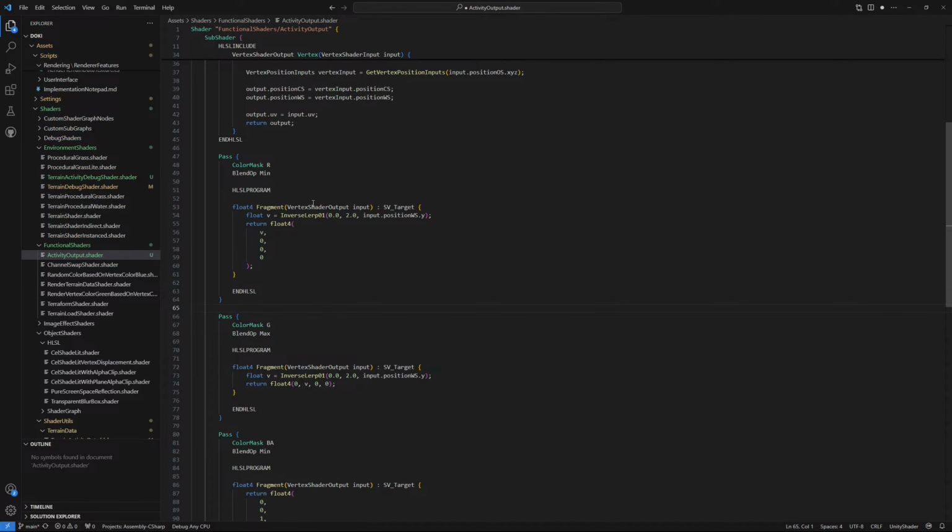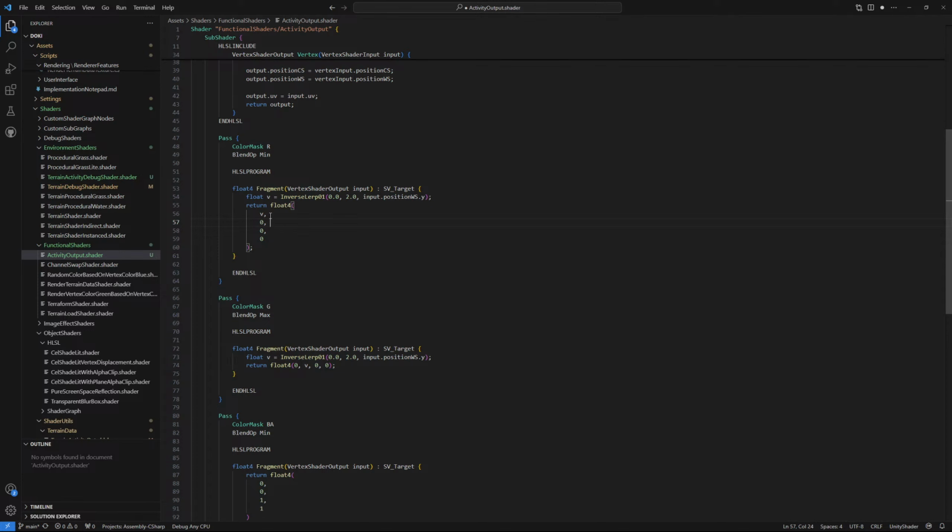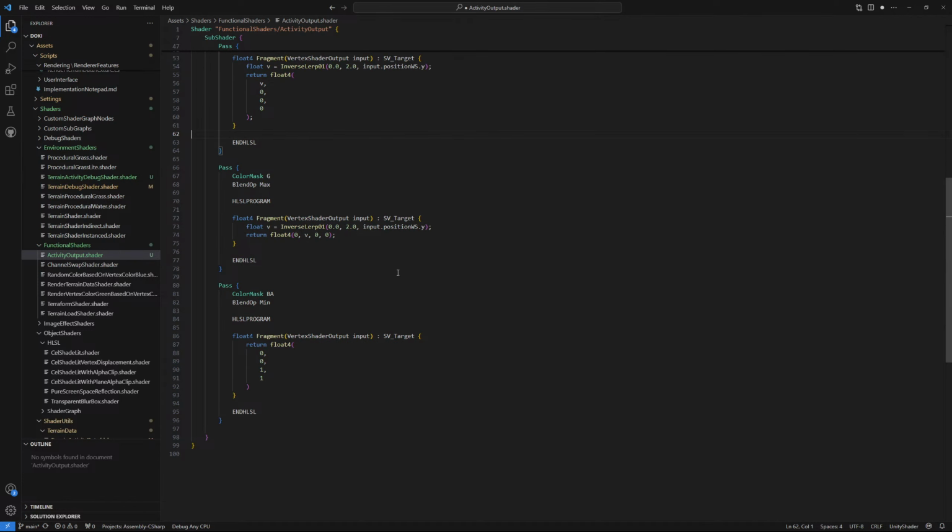So height min, we do blend operation minimum. We only write to R, and we do V here. I think we wanna, yeah, we wanna inverse. We wanna change these as well. We're gonna make this a little bit cleaner. Activity dynamic output or something. We'll get to it.